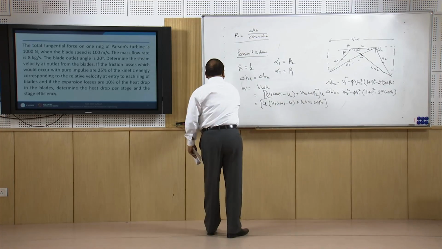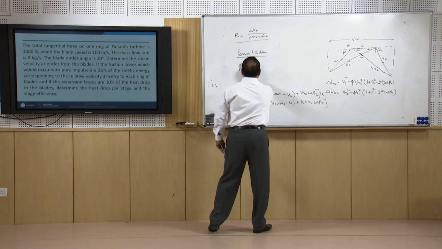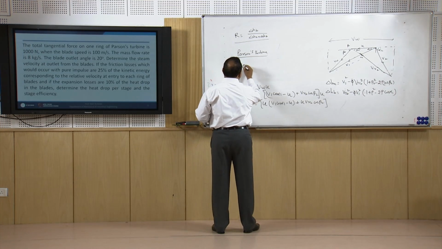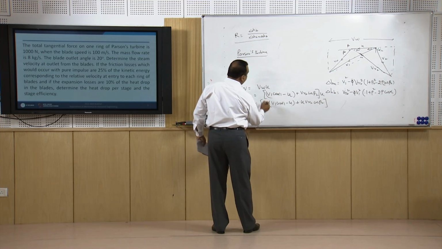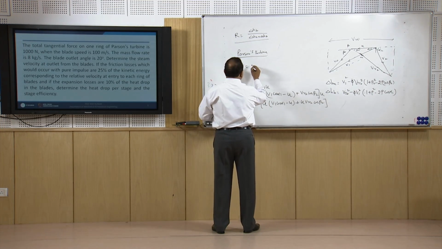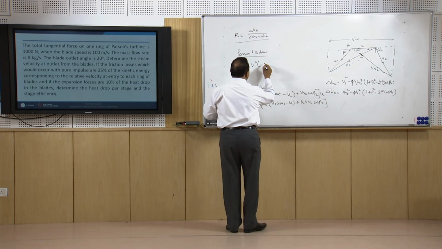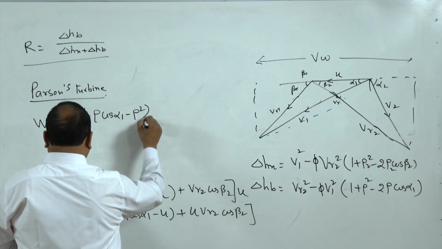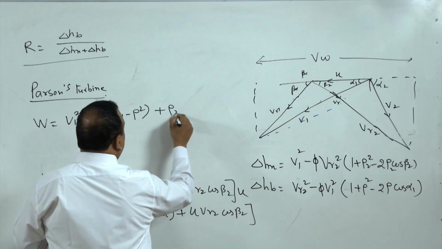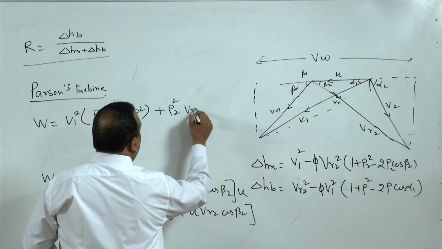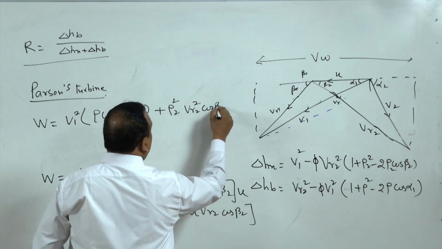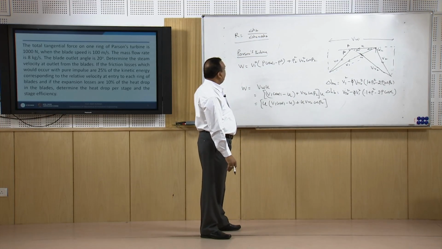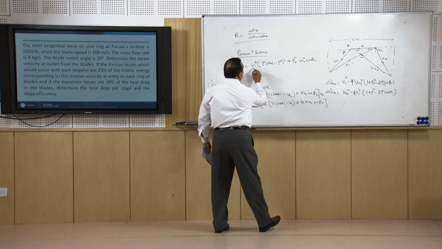Further, U is equal to rho V1, so W is equal to V1 square, rho cos alpha 1 minus rho square plus rho VR2 by V1 cos beta 2.